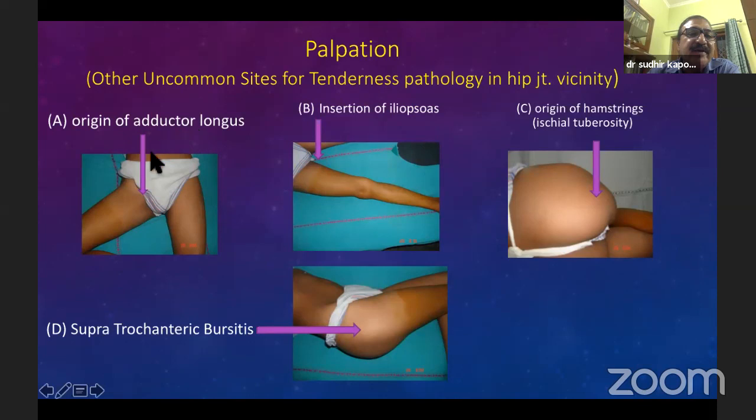Sometimes there may be a tenderness along the origin of the adductor longus, insertion of the iliopsoas, or there may be tenderness at the trochanteric bursa, or the origin of the hamstrings may be tender at the ischial tuberosity. But basically, we are concerned with anterior hip joint tenderness and the bitrochanteric pelvic compression test, which will denote central tenderness.